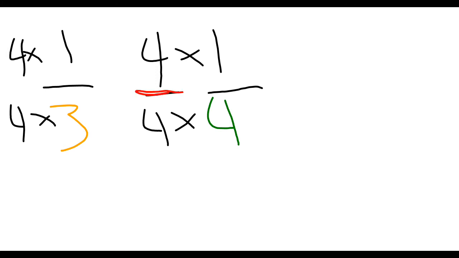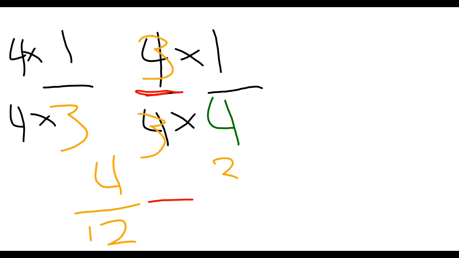Let's make that red so we know that's not a part of it. Then we have our 4/12 minus, this is actually supposed to be 3/12. Okay, and we get 1/12.